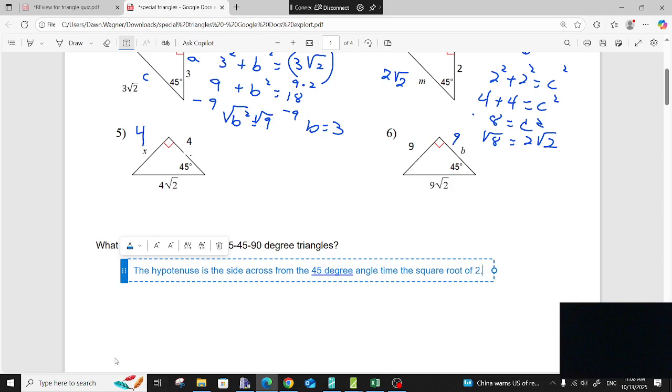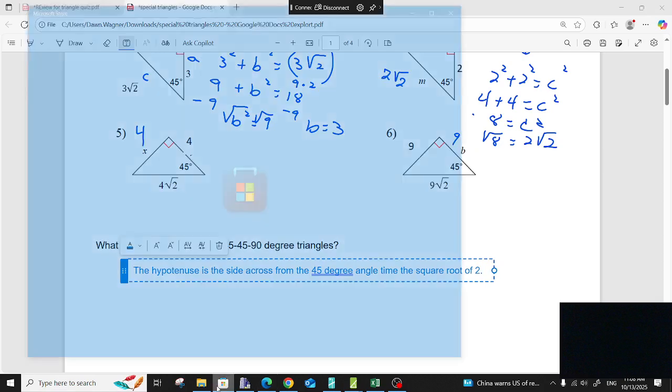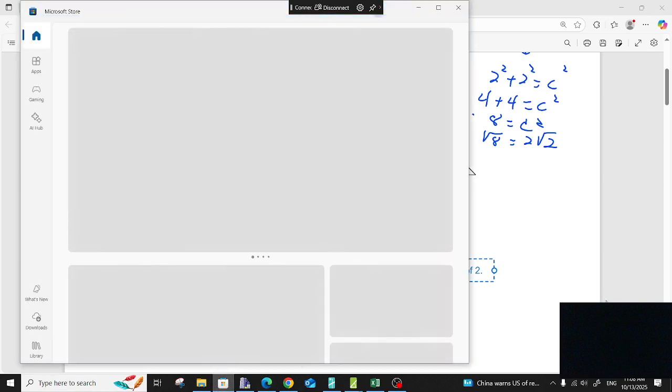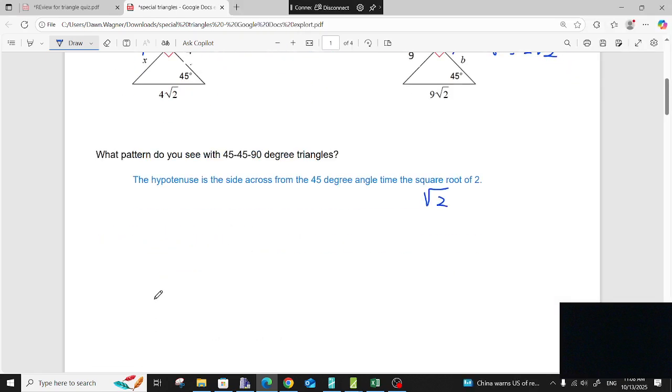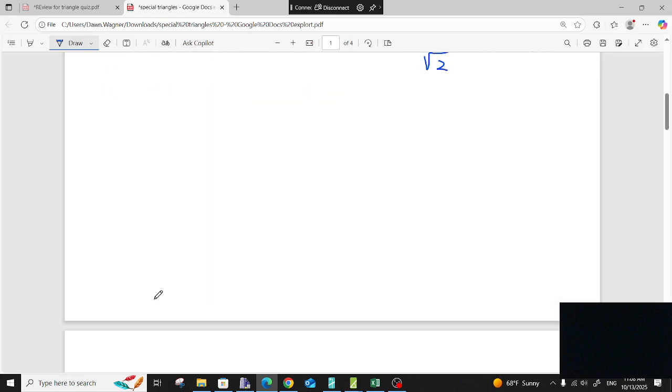Because I don't have a square root symbol, I don't know the special character for that, so I just typed it out, right? Which means square root 2.